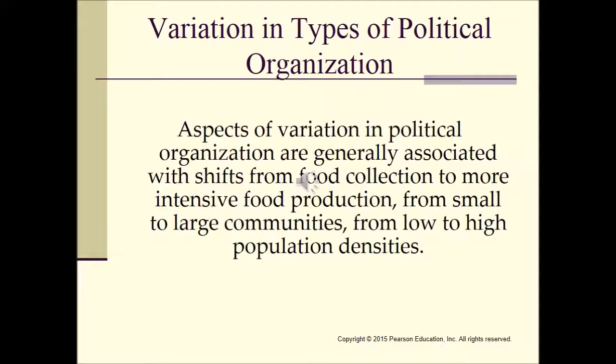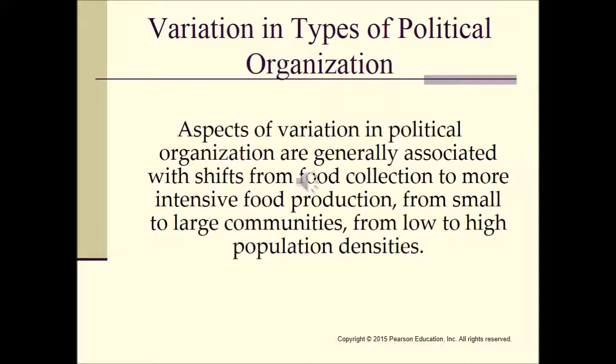So the variation that we see in political organizations, again, is usually tied to food getting strategies, which is related to size of the population, which is related to social stratification, and you see how kinship was built into it too.